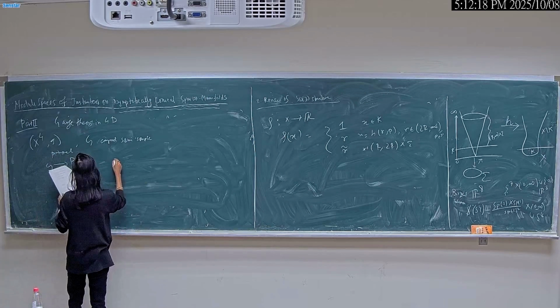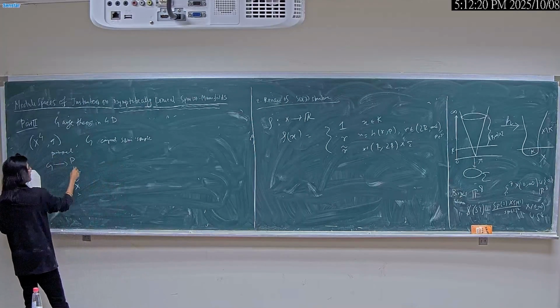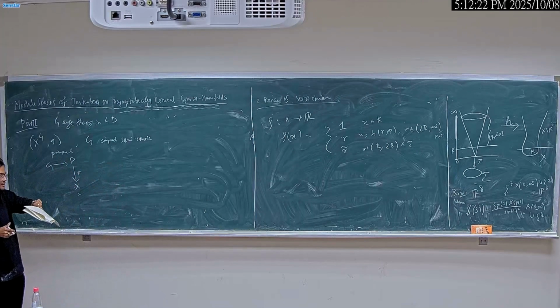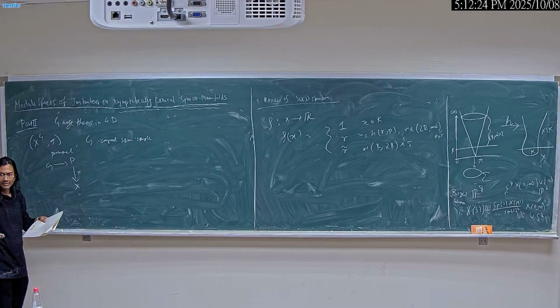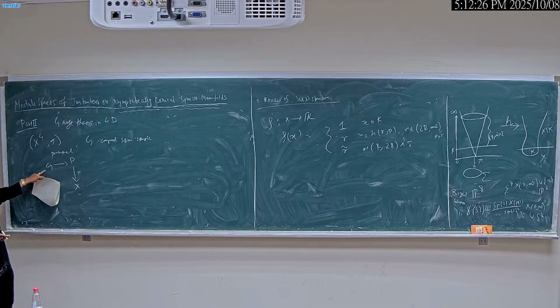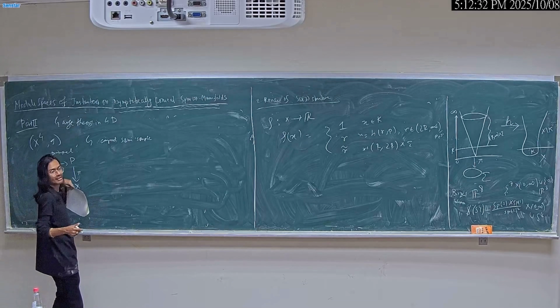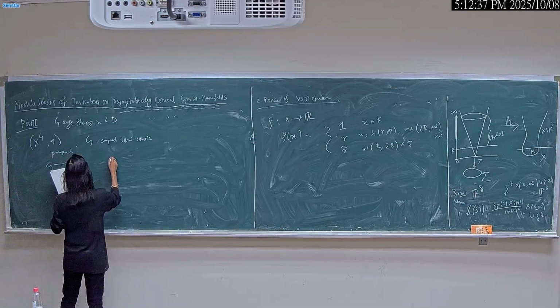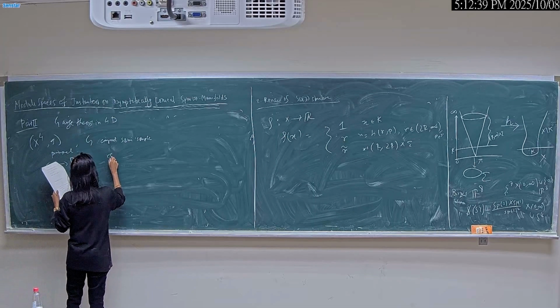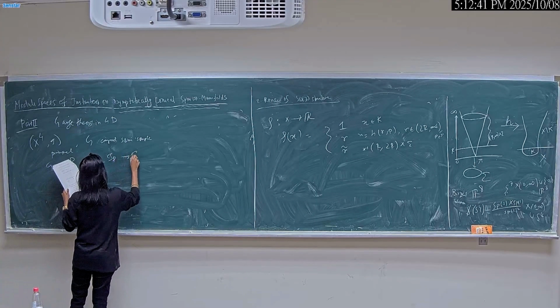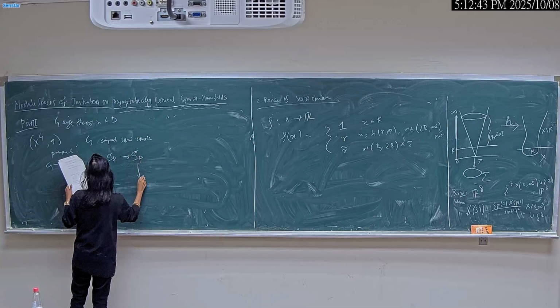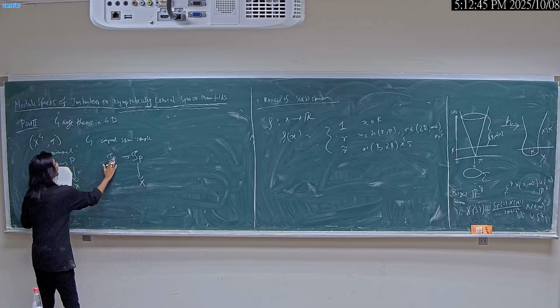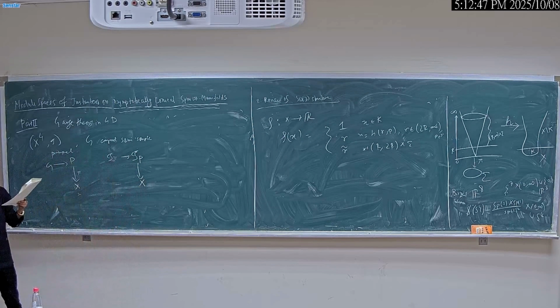So from this principal bundle, you can easily cook up a vector bundle. What's the vector space you can think of coming from your Lie group? It's clearly the Lie algebra, or rather the adjoint representation of your Lie group. That's called the adjoint bundle, which I'm going to write as g_P, on your manifold, where the fiber is the Lie algebra.